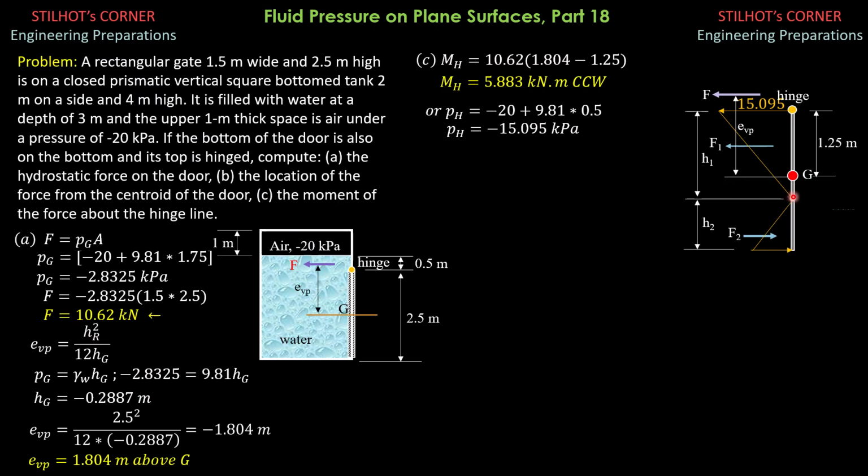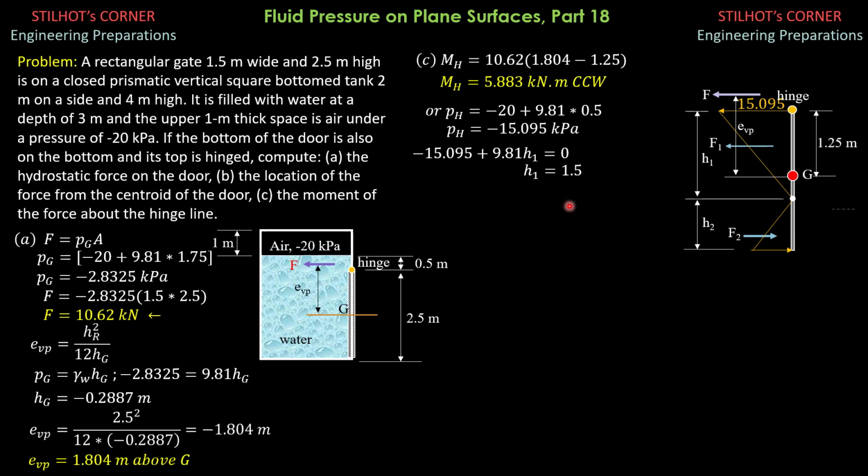To solve for H1, we sum up pressure from the hinge level to that point. We begin at negative 15.095, then we go down, so plus 9.81 times H1, then equate the pressure to 0. So negative 15.095 plus the specific weight of water times H1 equals 0.